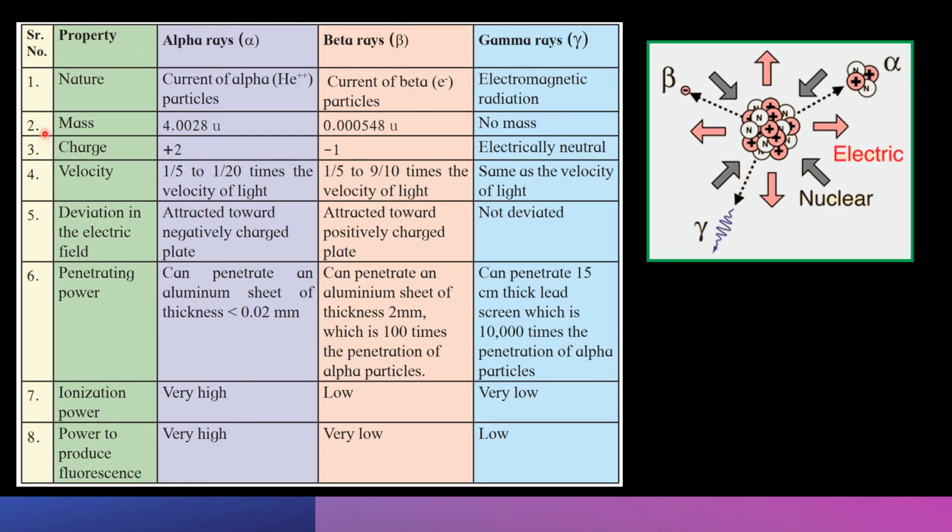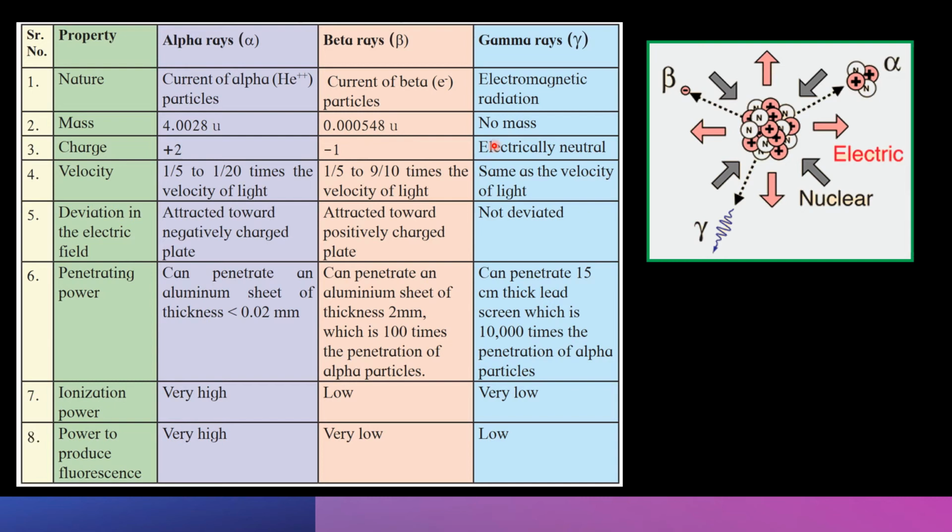When you look at the mass, the weight of the particles, first alpha rays. Alpha rays have a mass of approximately 4 units. Then beta rays: the mass of an electron is 0.0000548 atomic units.